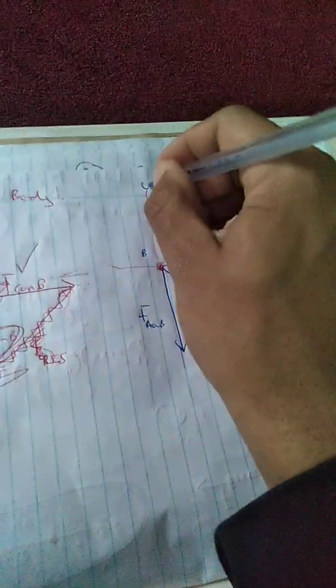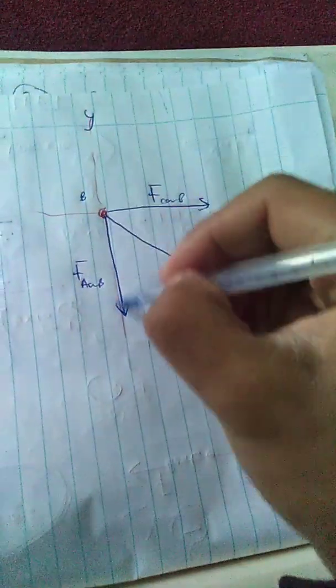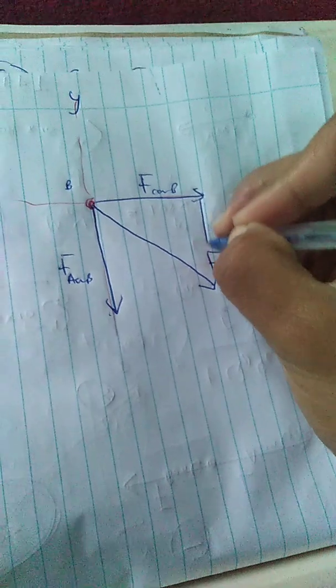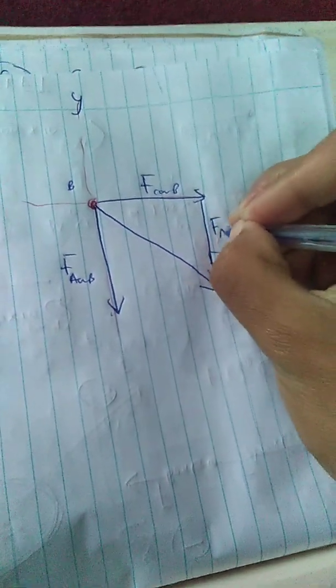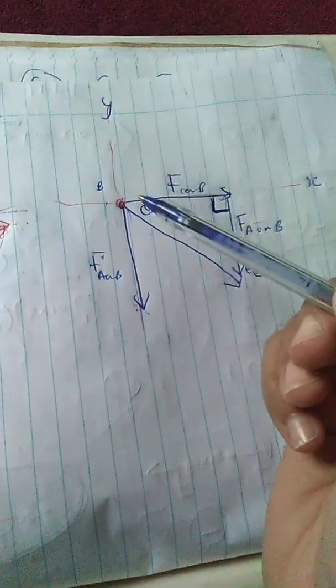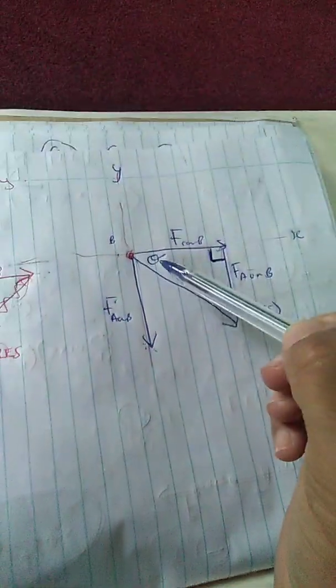That's X, that's Y. And remember, this force can also be drawn here as well. That FA on B is the same force. The reason why I put it here is so that I can have a nice triangle, and the resultant force goes at an angle. Very, very important. And that angle you must put in your answer as well.